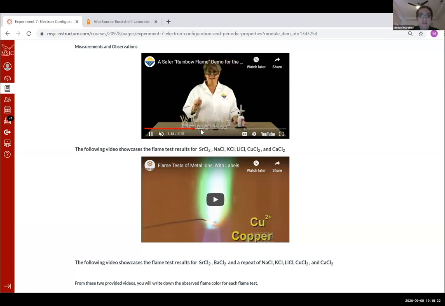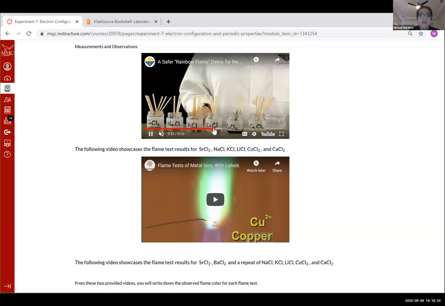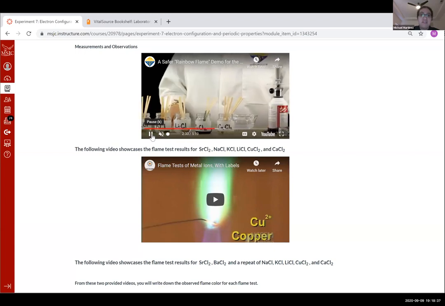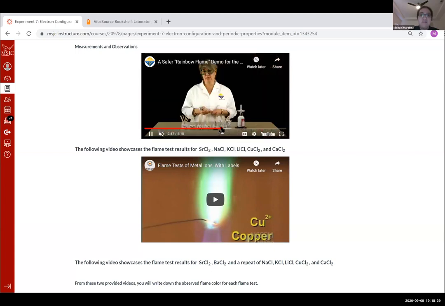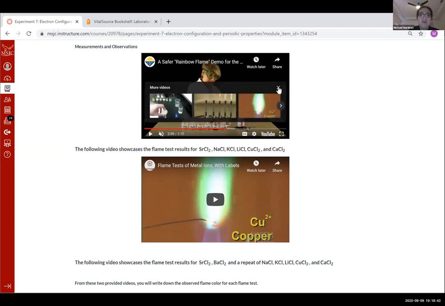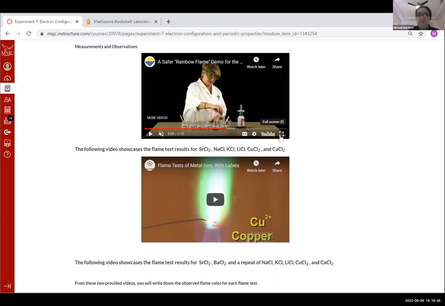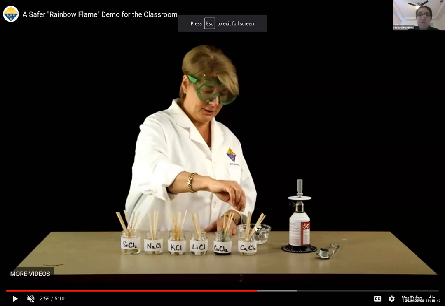They're going to talk for a little bit, and then finally they're going to start the flame test. In the flame test, they're going to light the flame, immerse their sample into the solution, and then observe the color when the sample is heated in a flame.